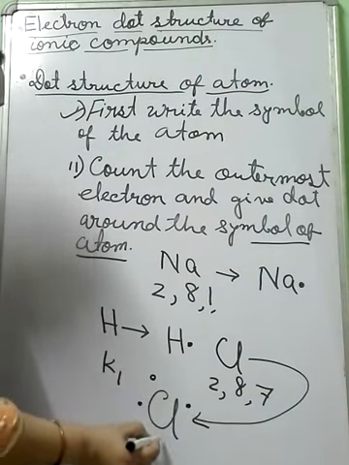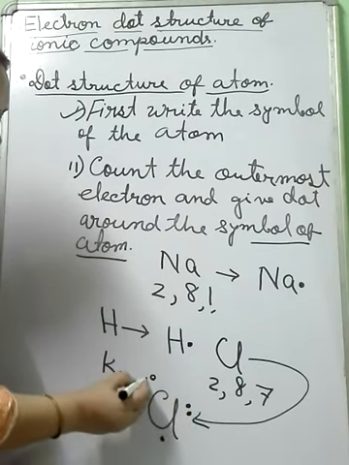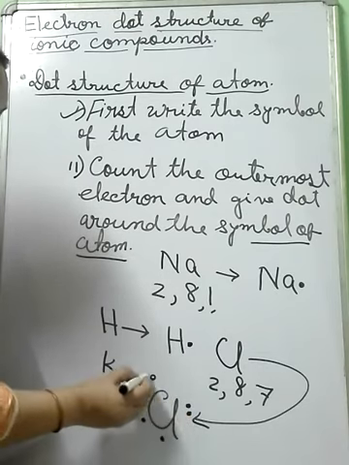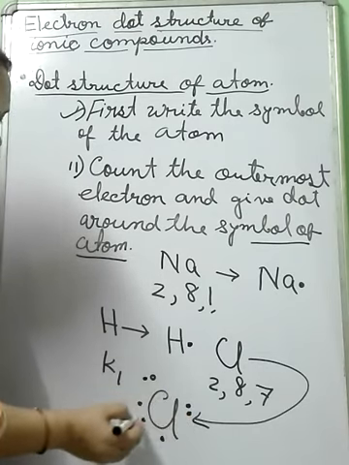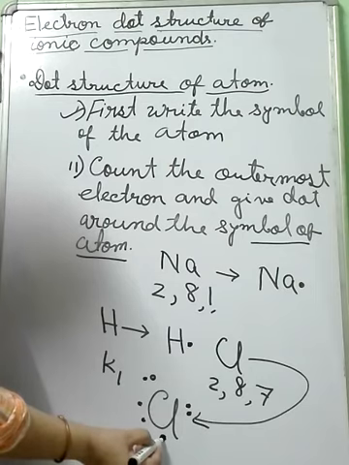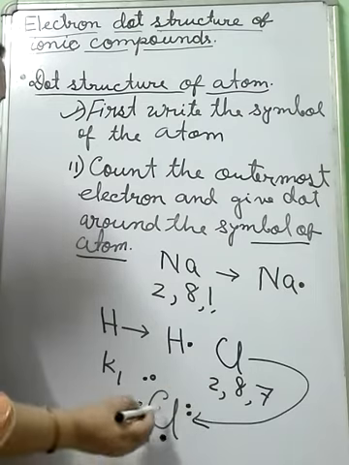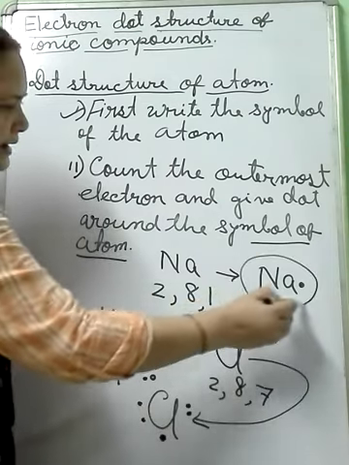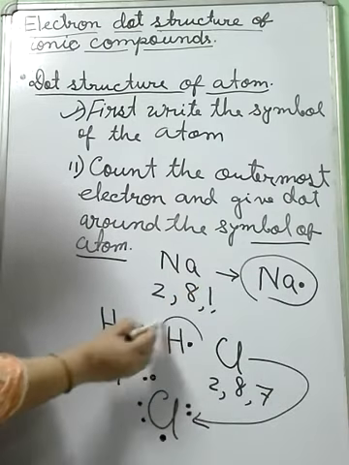We are completing the 4 sides. Then again start pairing up from here. 5, 6, 7. So these 3 sides we have paired electrons, we call them lone pairs, and this side the single electron is there. So we draw the dot structure for the single atom in this way.